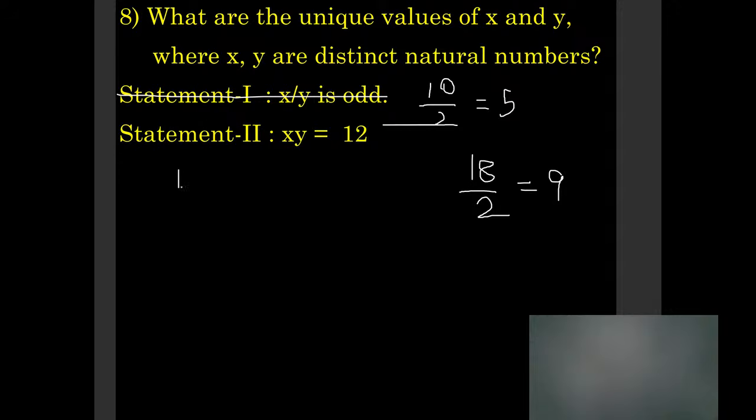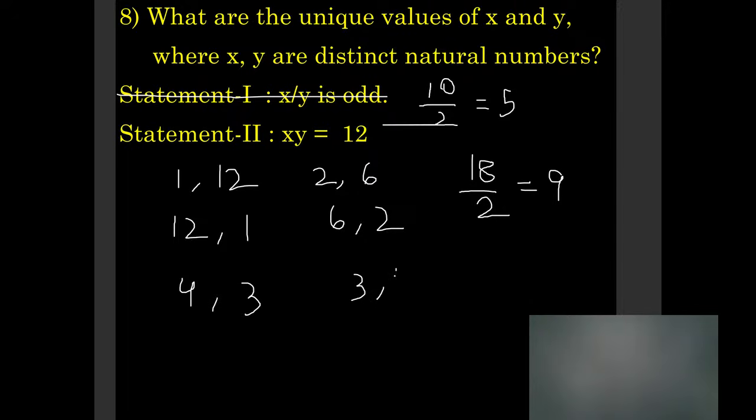It can be 1 comma 12, next 12 comma 1, 2 comma 6, since 2 into 6 gives us 12, next 6 comma 2, next 4 comma 3, next 3 comma 4.